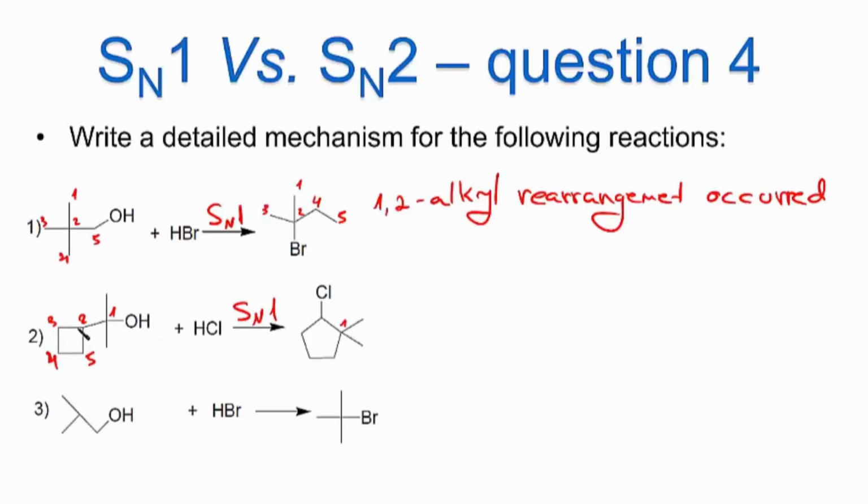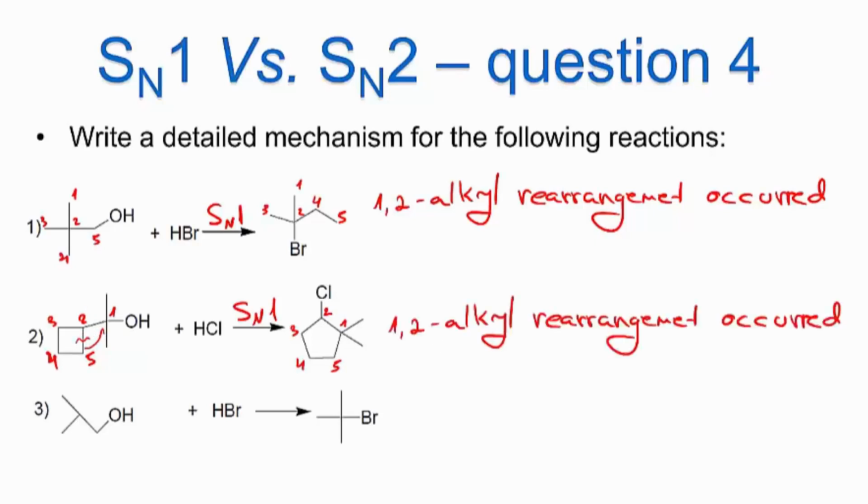One of these bonds, which are connected to carbon number 2, will migrate to carbon number 1. So we'll say that over here in the product is carbon number 2, 3, 4, and 5. When we number the carbons in this way, it's probably that this bond in the reactants broke to give us that 5 is connected to 1, forming a carbocation on carbon number 2, giving us a 1,2-alkyl rearrangement. So let's write the mechanism of this reaction.